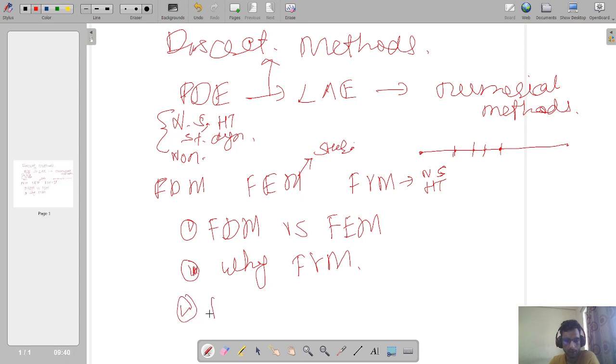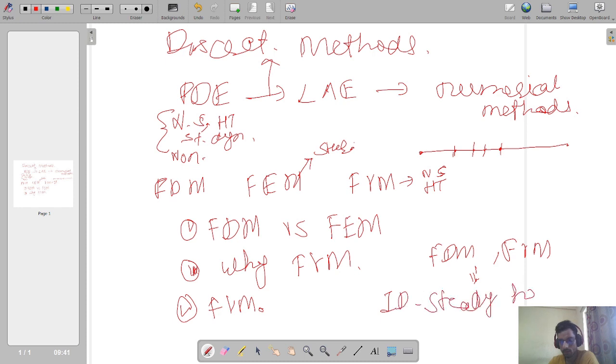Then we'll discuss the basics of FVM, what the discretization methodology for FVM is, and along with this for FDM and FVM, we'll discretize the 1D steady state heat conduction equation, basically in a rod. We'll also look at the algorithm and code in MATLAB and see our results.